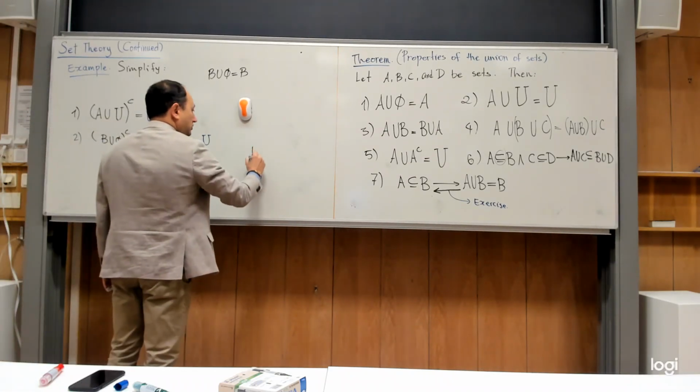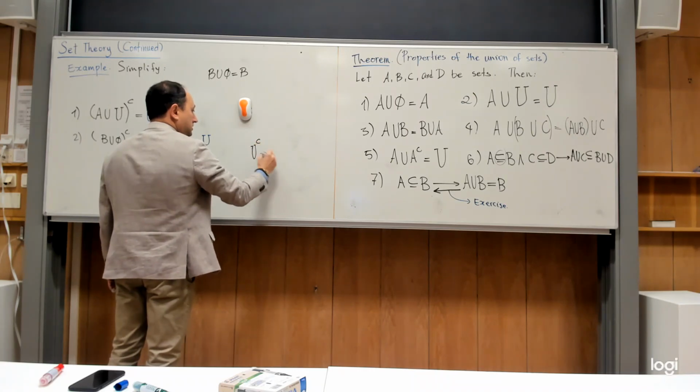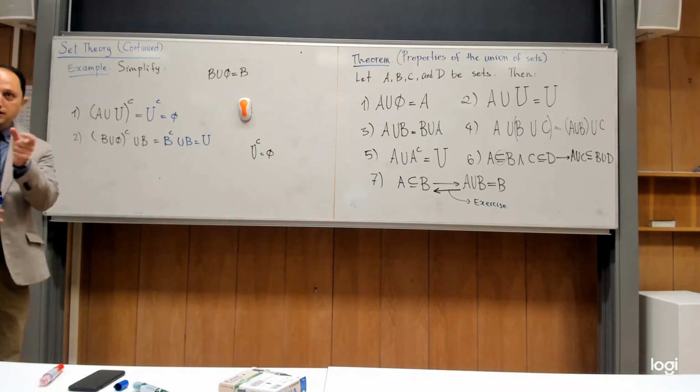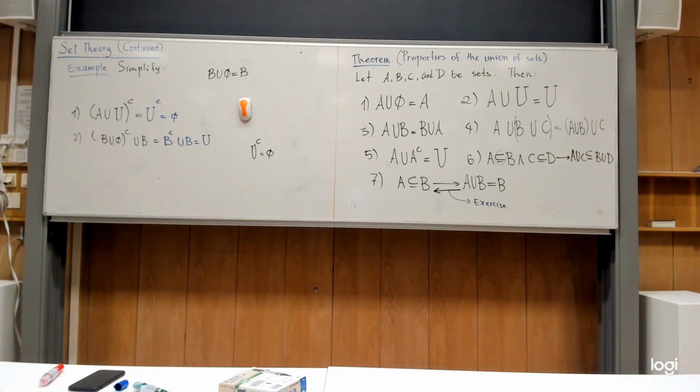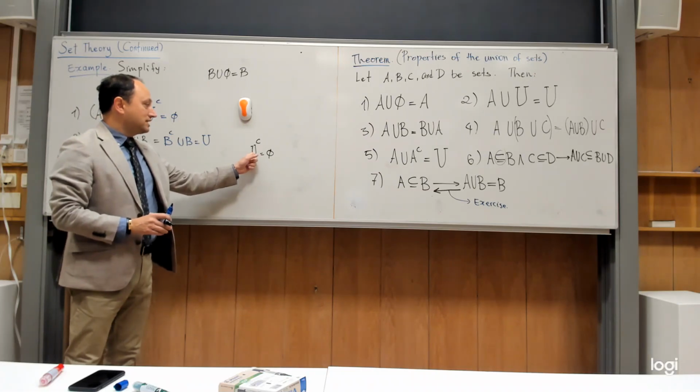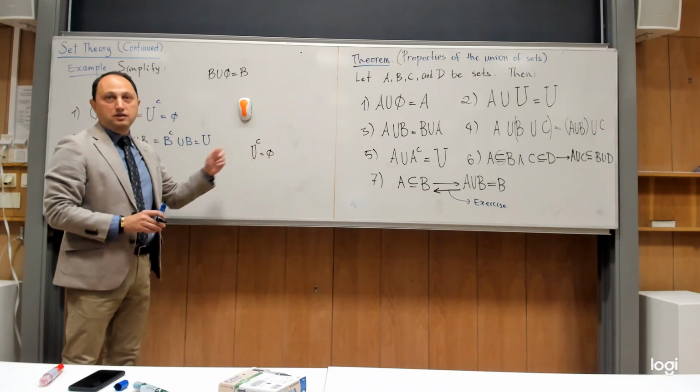I want to show that the complement of the universal set is the empty set. I want to show that these two things are equal. What should I do? I should show that this is a subset of that and that is a subset of this.